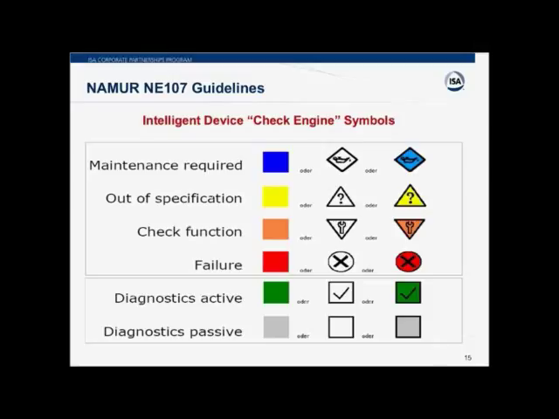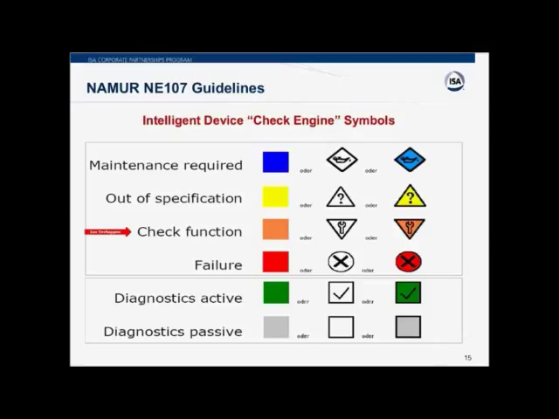The one you don't want to see, of course, the notorious one that causes fear, is failure, which means the device has failed. The good thing is at least you can see that something has gone wrong. And then the last one here is check function, which means that someone is actually working on the device and trying to correct or remedy something that has been identified, for example, that some maintenance needs to be worked.